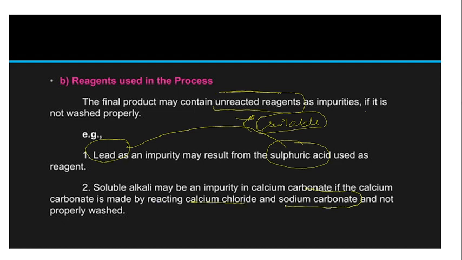If we mix these two reagents together, calcium chloride and sodium carbonate, then we have an impurity. If we do not purify this very properly, then the final product which we get will not be pure. So we need to make sure that whatever reagent, whatever intermediate we are using, we purify it properly if we want the perfectly purified product.